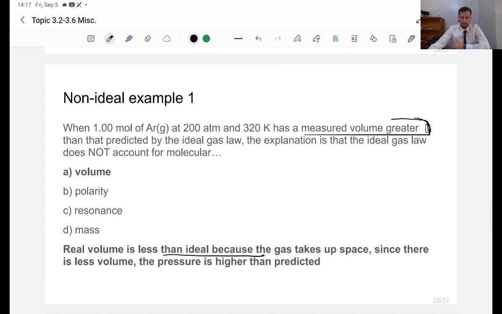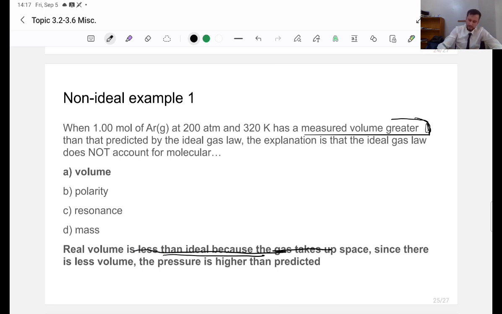Okay, so why would it be taking up more space, measured volume greater than that predicted by the gas law? Well, if it was in a closed container, I should change this explanation the way I wrote it slightly. The real volume is less than ideal if it was a closed container, but in this case it's expanding. So let me change the wording on here.